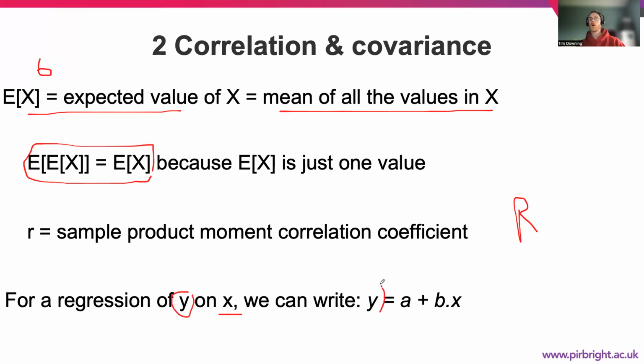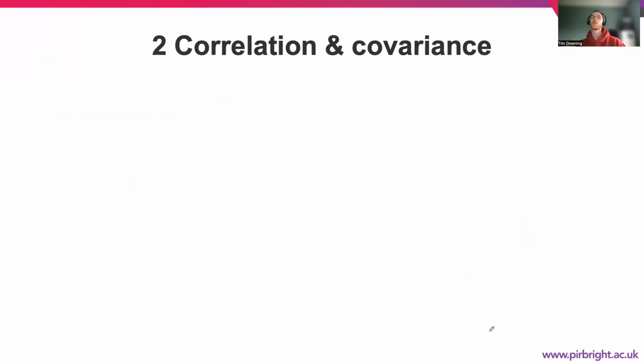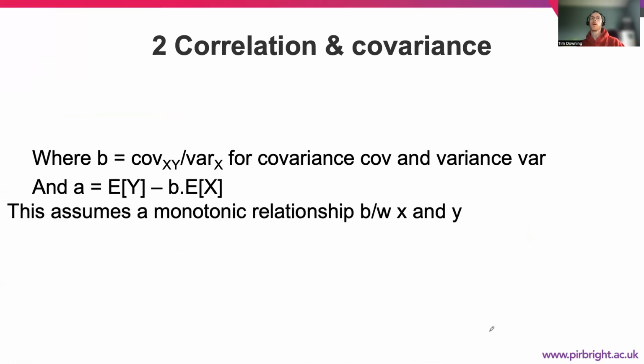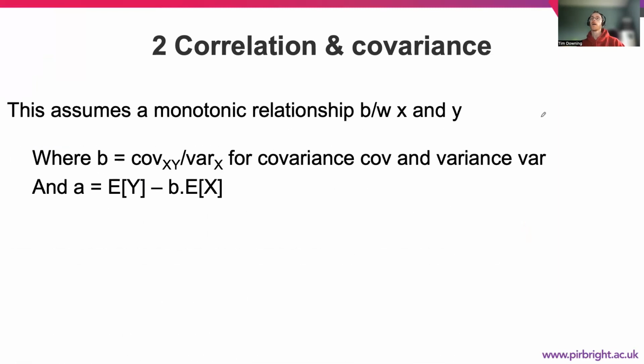We write this as y, the thing we're predicting, as a model: A, the intercept, plus B, which is the slope, times x, that other variable. So we're assuming that there's some sort of monotonic relationship between x and y, so that it's linear increasing, linear decreasing, maybe there's no correlation, but that the variances of x and y are independent from each other as well.